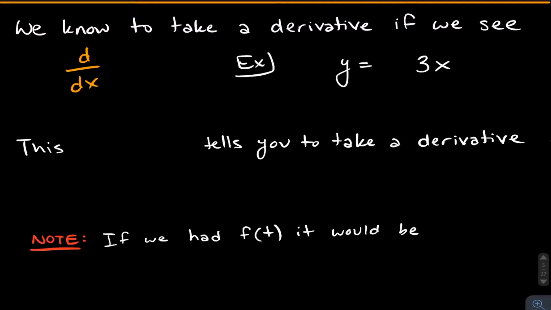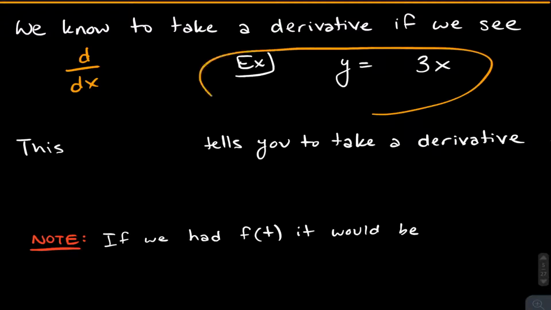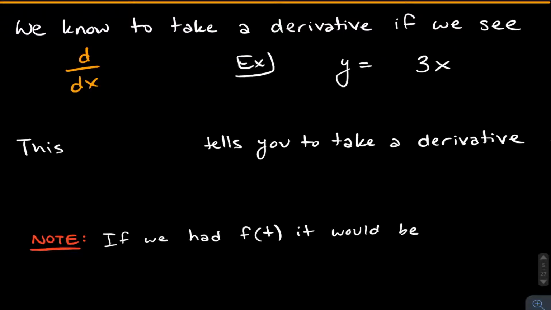So if we want to take the derivative of this function, we have an example right here, and it's telling us we have y equals 3x. Well, if we want to take a derivative of this function, what we do is this is just an operation, and I'll talk to you about that in just a second, but we do it on both sides. Like if we add something on both sides, or subtract something on both sides, we take the derivative of both sides.